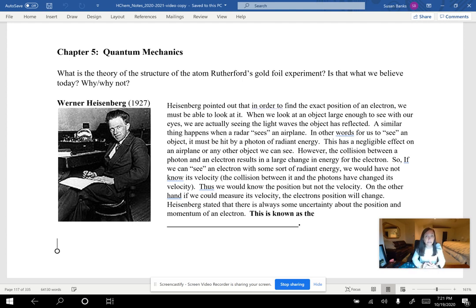Now, once again, we've had this model of quantum mechanics for about 100 years now, give or take 80 to 100 years. And we're fairly confident that this is the model. But once again, most of the people that came up with models previously that have since been discarded were pretty confident that their model was correct.